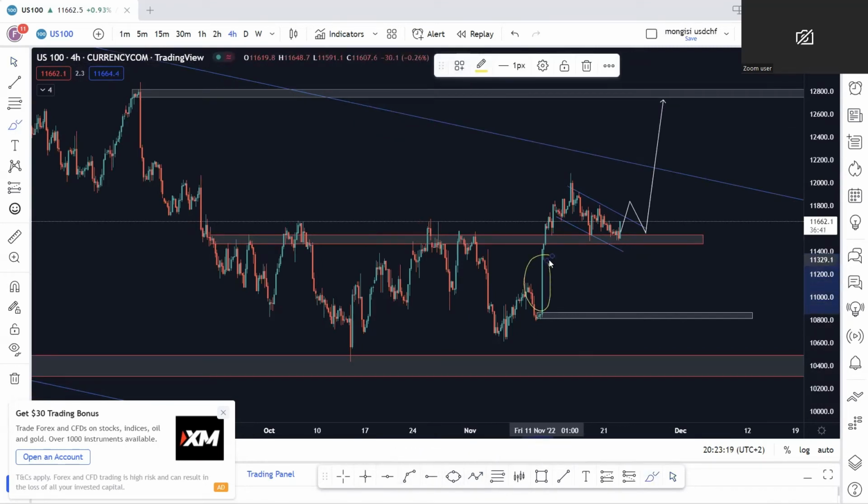This is an imbalance. This is an imbalance. The market has to mitigate either this one or this one. So now we have to see which imbalance the market decides to mitigate.